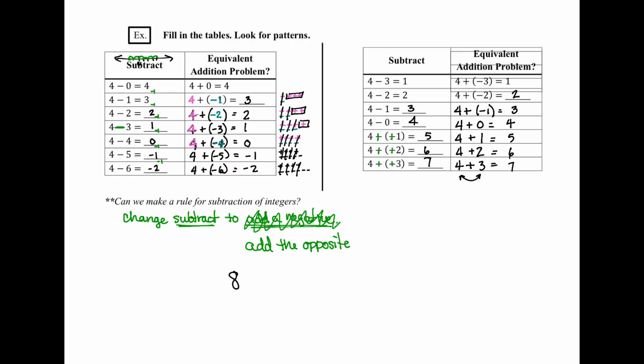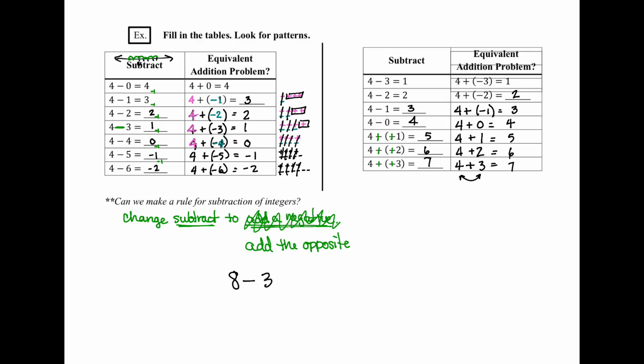Okay? So 8 minus 3, if we do the rule that we just talked about, 8 minus 3 we know is 5, right? Okay, so we're going to change the subtract to add the opposite. So we're going to change this to add, but now what is the 3? If this is your symbol, 3 is positive, right?